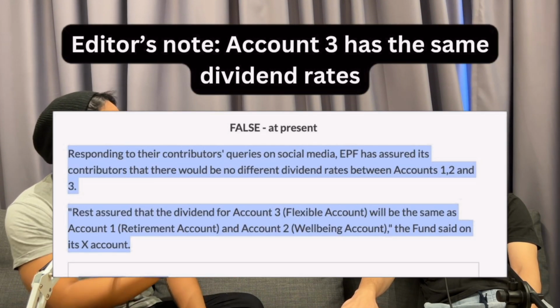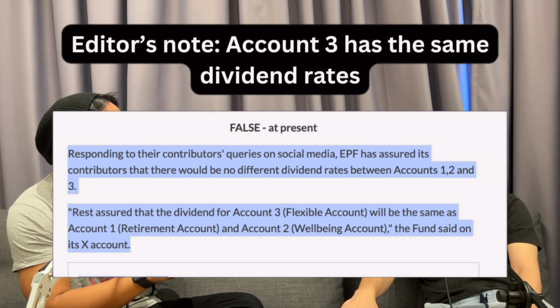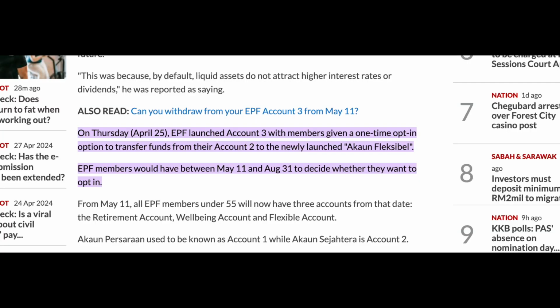I think you have to allocate from the second account to the third account, something like the dividends from Account 2 going into Account 3. The flexible account doesn't have its own dividends; there are only dividends for 1 and 2, but dividends from 2 go to 3. There is currently an option for you to choose to put any extra dividend from your Account 2 into Account 3.